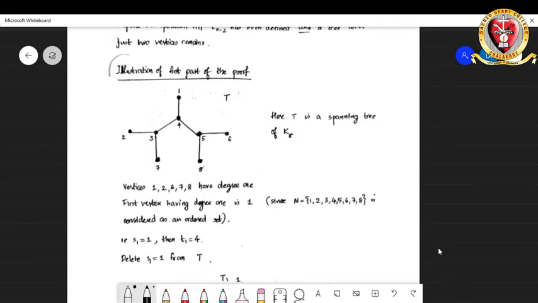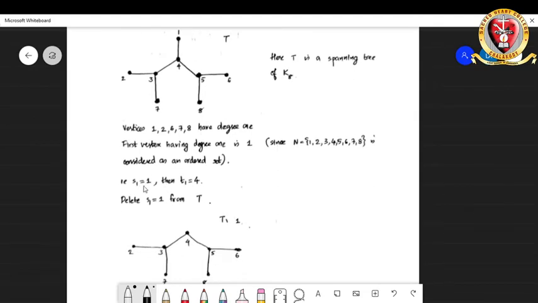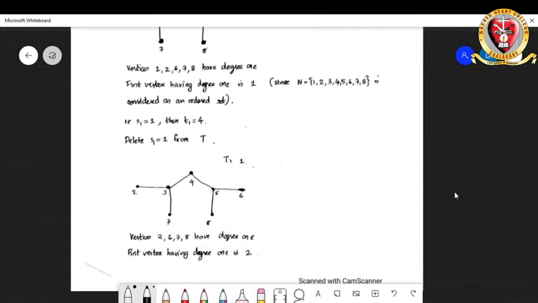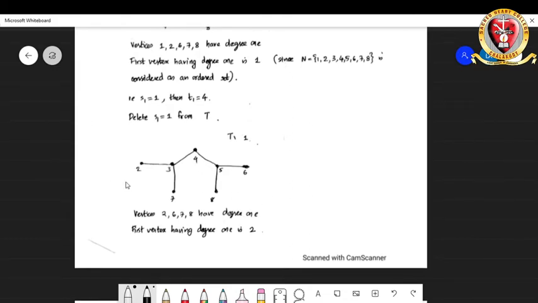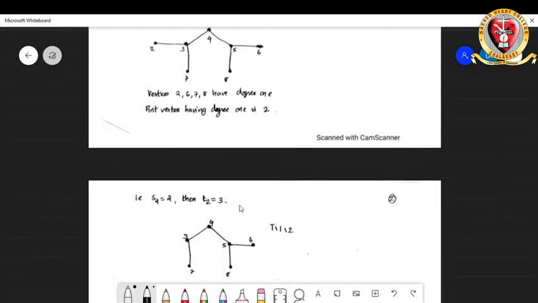We got the first coordinate. Now you have to delete this S1 equal to 1. When you remove 1, the edge adjacent to it will also get removed from T. So T minus 1 will be the tree here. For that, look at the vertices with degree 1, and 2 is the least among those vertices. So S2 is 2, the corresponding adjacent vertex is 3.